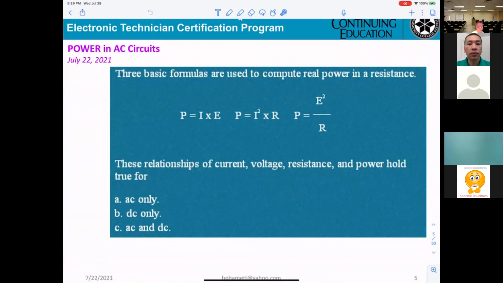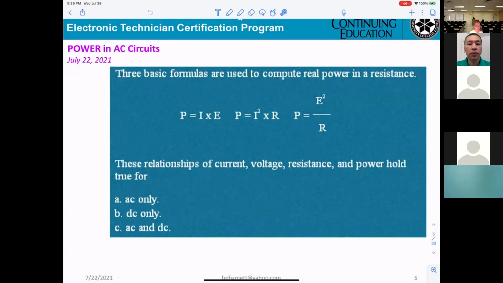Which one? A, B, or C? C. You say C. Who else?